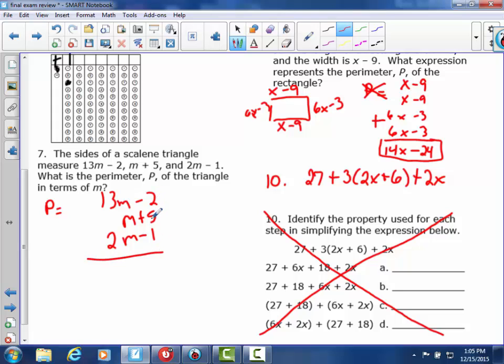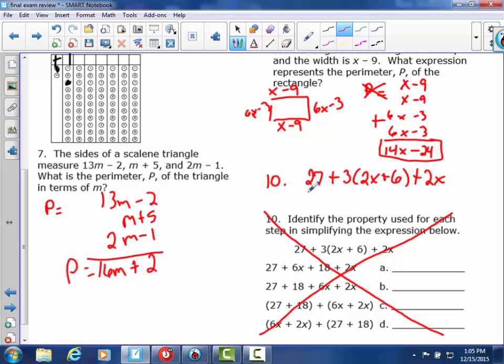Negative 2 plus 5 is 3, minus 1 is 2, positive 2. 13 plus 1 is 14, plus 2 more makes 16. So 16m plus 2. And this one we do put p equals because it says what is the perimeter p of the triangle in terms of m. It doesn't say expression, so I'm okay with the p equals there.